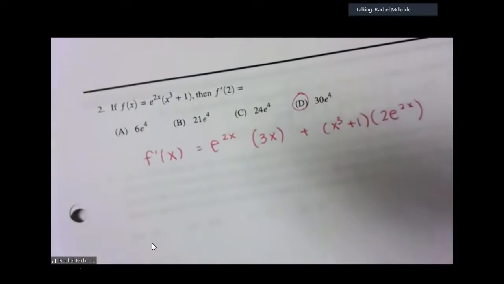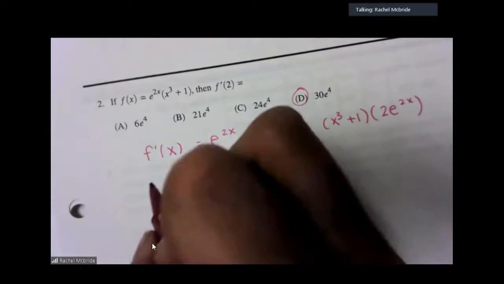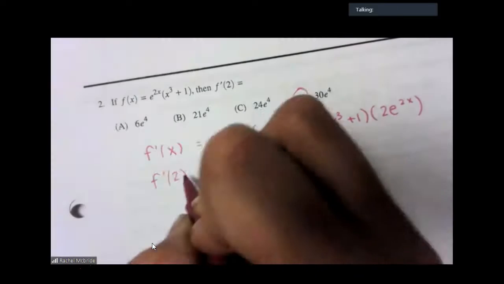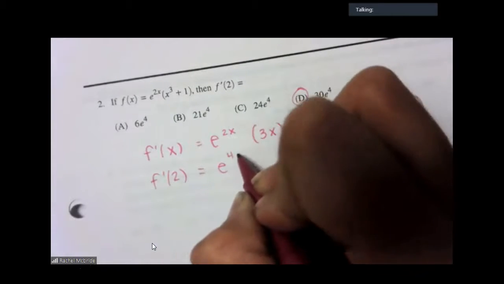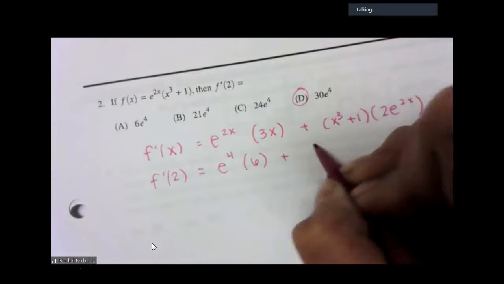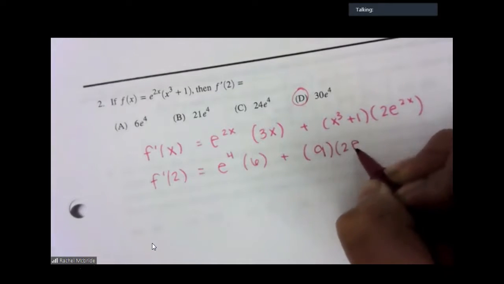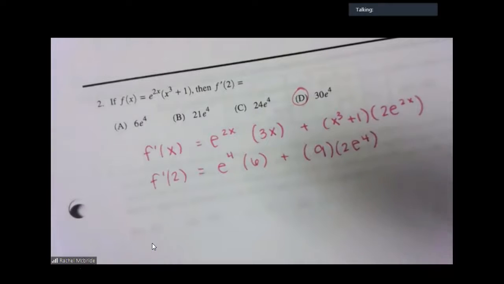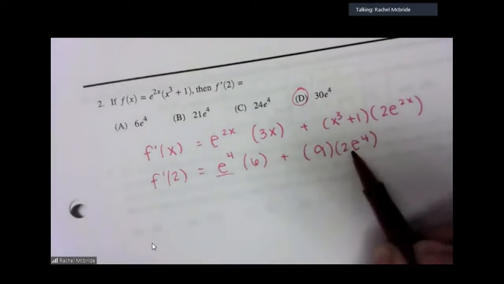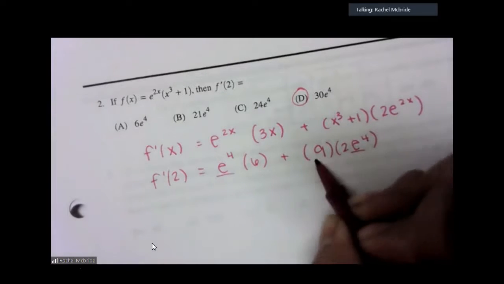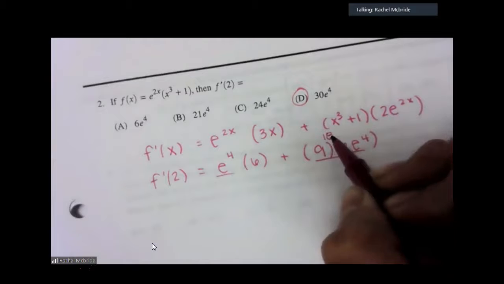And then you have to plug in 2. So the e's matched. 2 times 9 is 18.